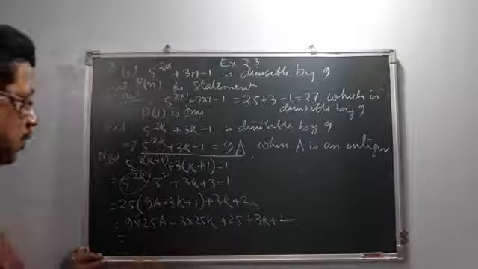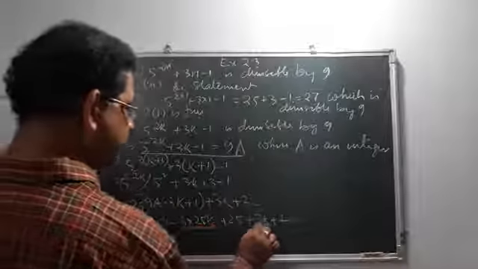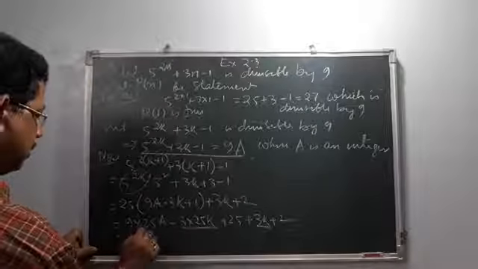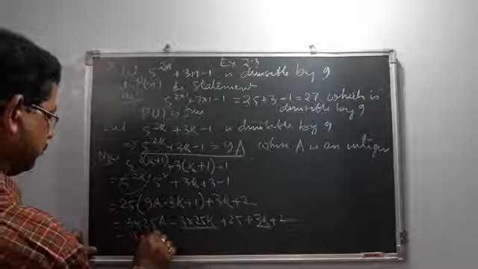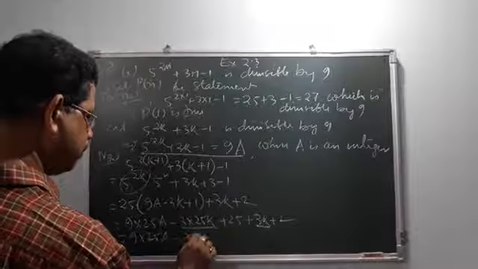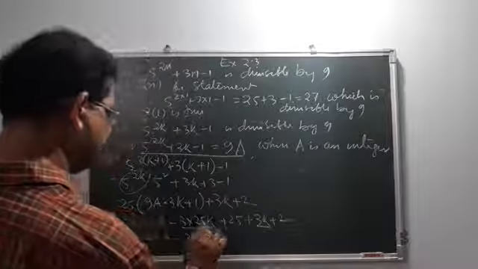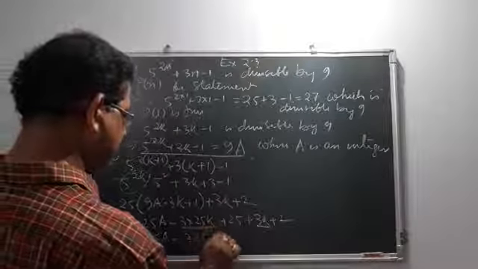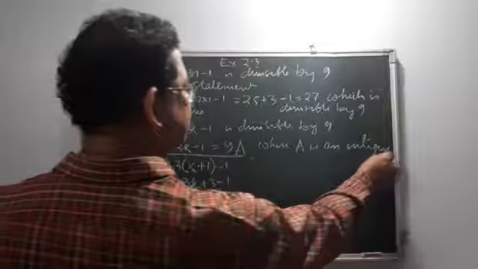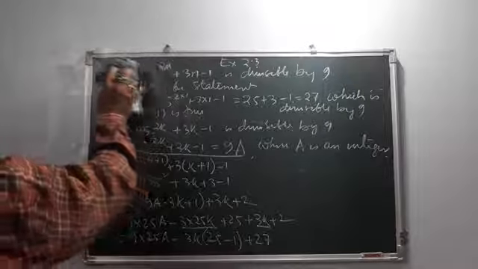Now students, if we take these two 3 to the power k terms common, what we get? 9 into 25a, and here, 3 to the power k if you take common, it will be 25 minus 1, that is 24, and this is 27. A little bit we have to clean.